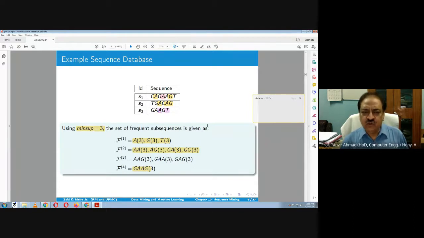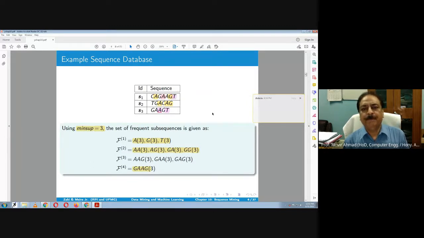But in S2, AT is not there, because I am trying to find AT. TA is there, but I cannot take TA, because TA and AT are different when I am taking the sequence. These two are different, and therefore I cannot take TA.